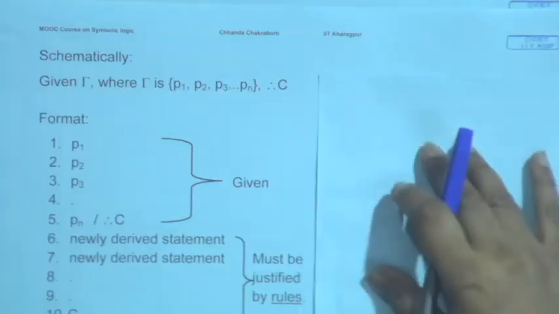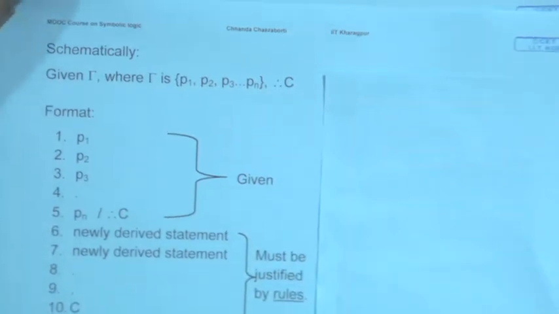Now, schematically, some of you might say, enough words, show us what it looks like. I am not going to show you how to do the proof immediately, because you still have to learn quite a bit, but we can show you the schematic form. Here is the schematic idea, the skeletal form.